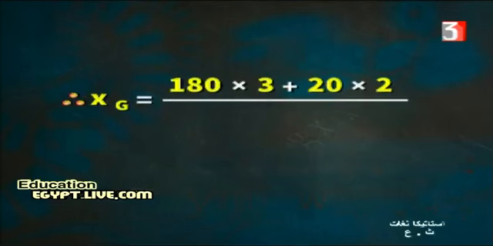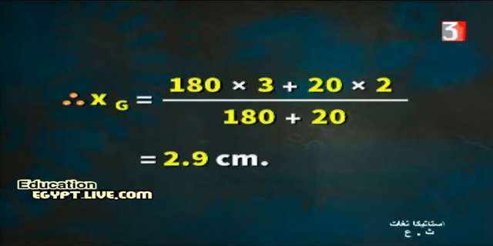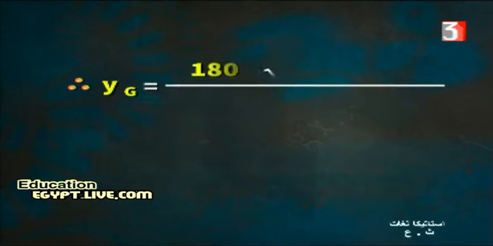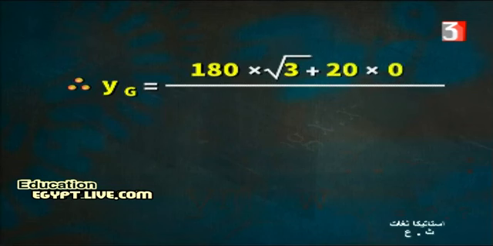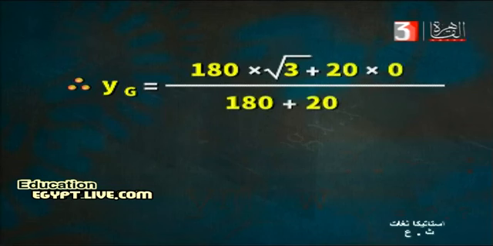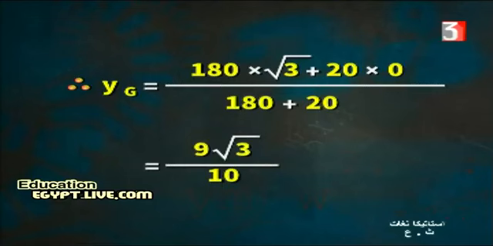xg equals 180 times 3 plus 20 times 2 over 180 plus 20, equals 2.9 centimeter. yg, by the same rule, M1 y1 plus M2 y2 over M1 plus M2, the answer is 9 root 3 over 10 centimeter.